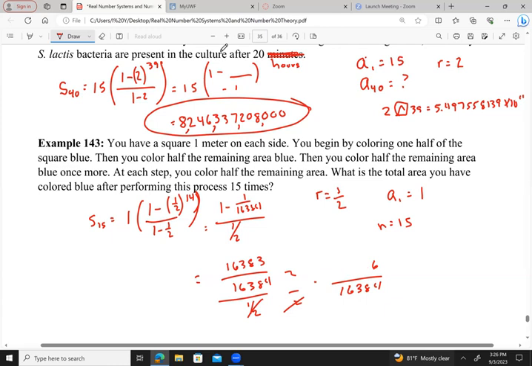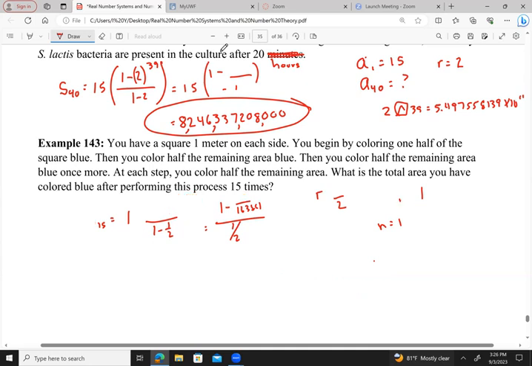So let's look at this again and see where we messed up. Start from the beginning. What do we know? I think I know where I messed up.